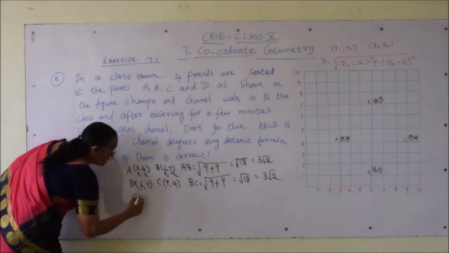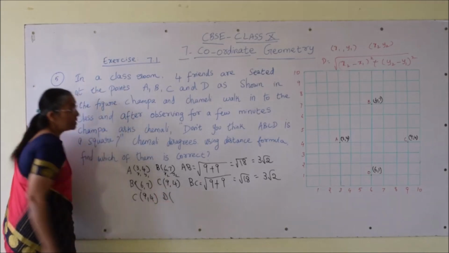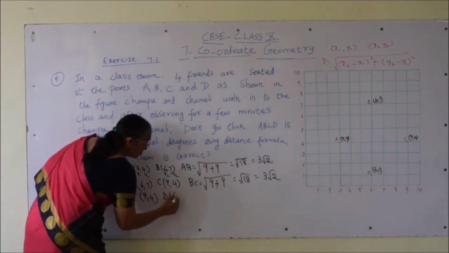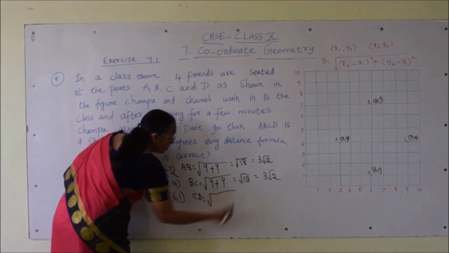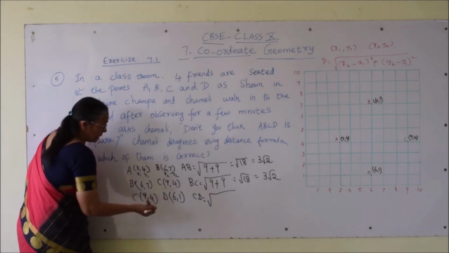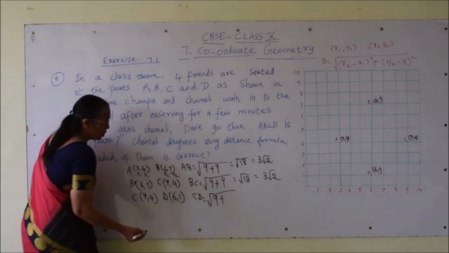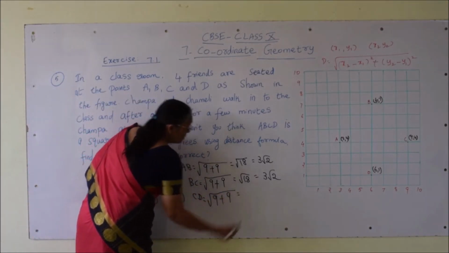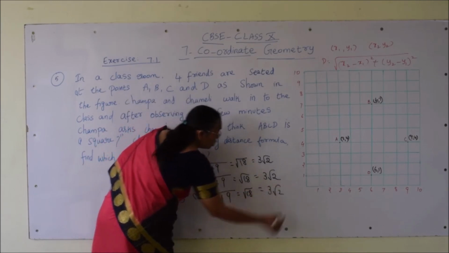Now distance CD, C point 9, 4 and D point 6, 1. Square root of 6 minus 9, negative 3 whole square; since it is a square it is a positive 9. 1 minus 4, minus 3 whole square, again 9. So, root 18 which is again 3 root 2.